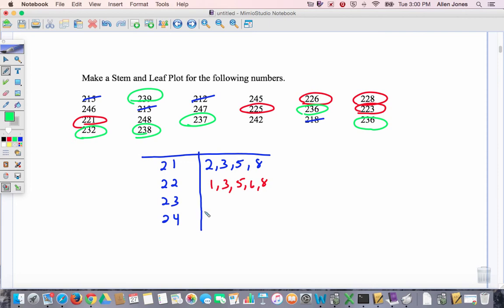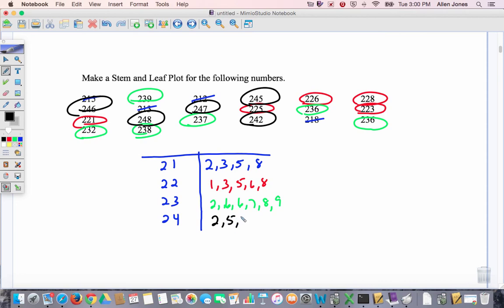I have 1, 2, 3, 4, 5, 6 of those. Looks like 232 is the smallest one. A couple of 236s, a 237, a 38, and a 39. And then I have the 240s, 1, 2, 3, 4, 5 of those, 242, 245, 46, 47, and 48.